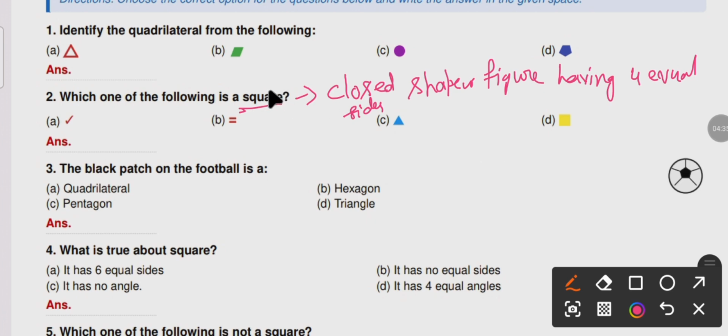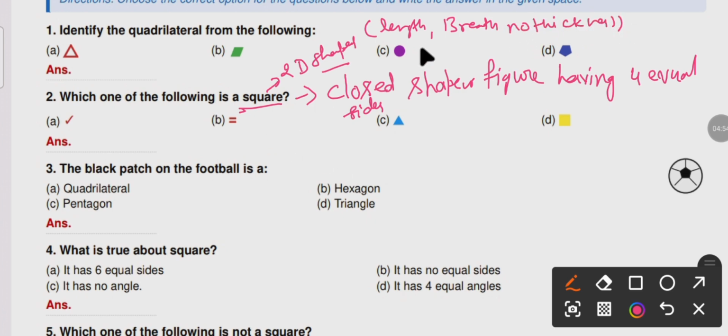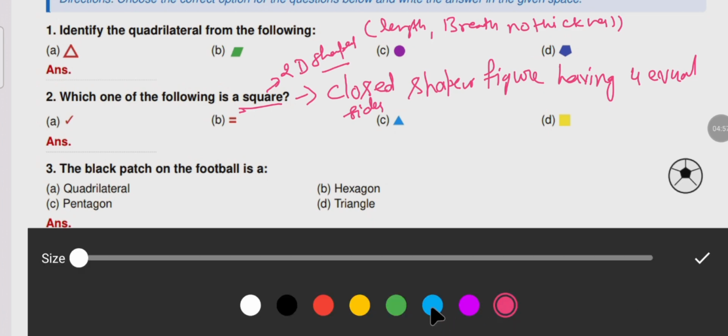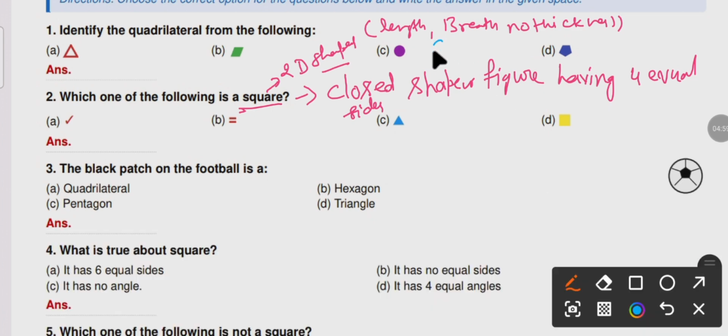And this is also a 2-dimensional 2D shape that has length, breadth, no thickness, and it has corners called vertices and edges, but no faces.